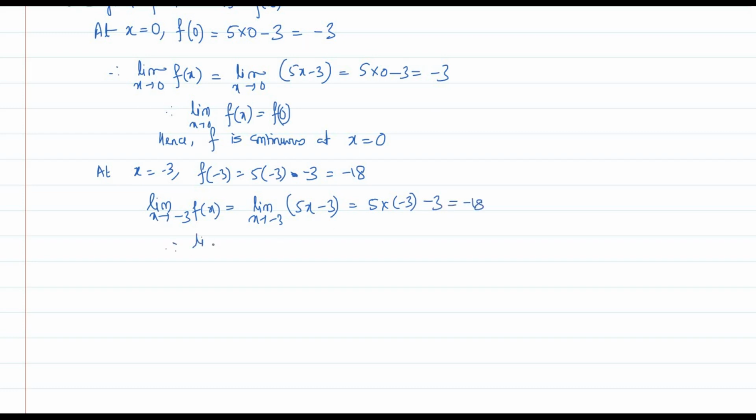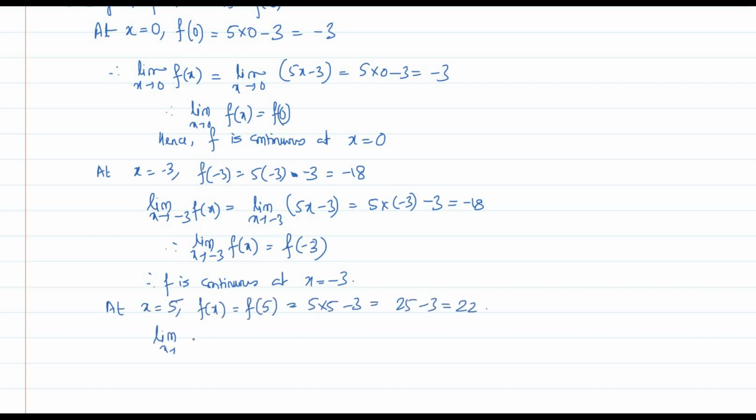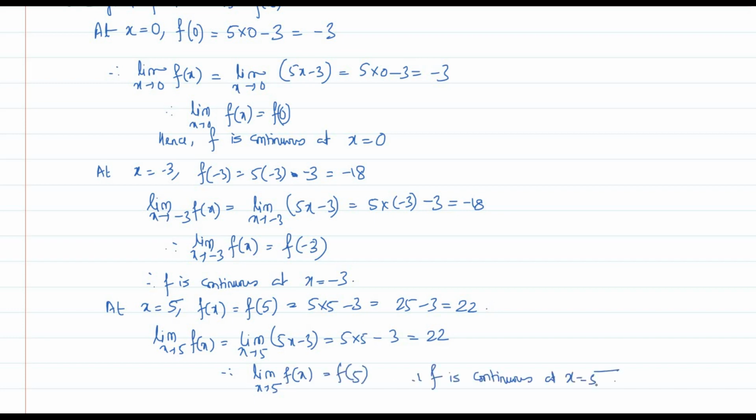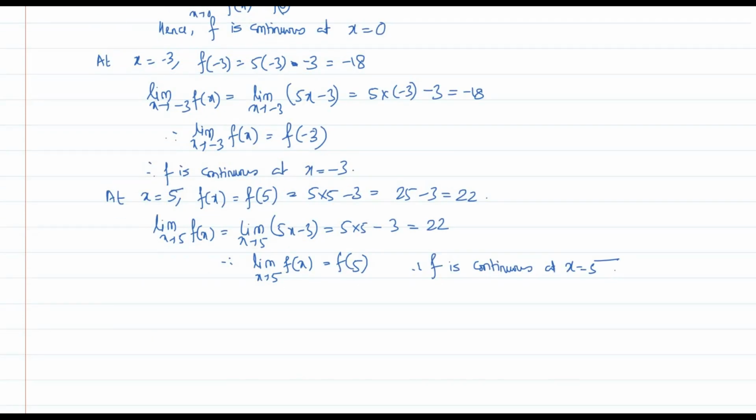So therefore limit of x tends to -3 f(x) is also equal to f(-3). Hence f is also continuous. So similarly I am doing it for x equal to 5. I think this needs no further explanation. So we are done with checking the continuity. So we have proved that it is continuous at all the points.